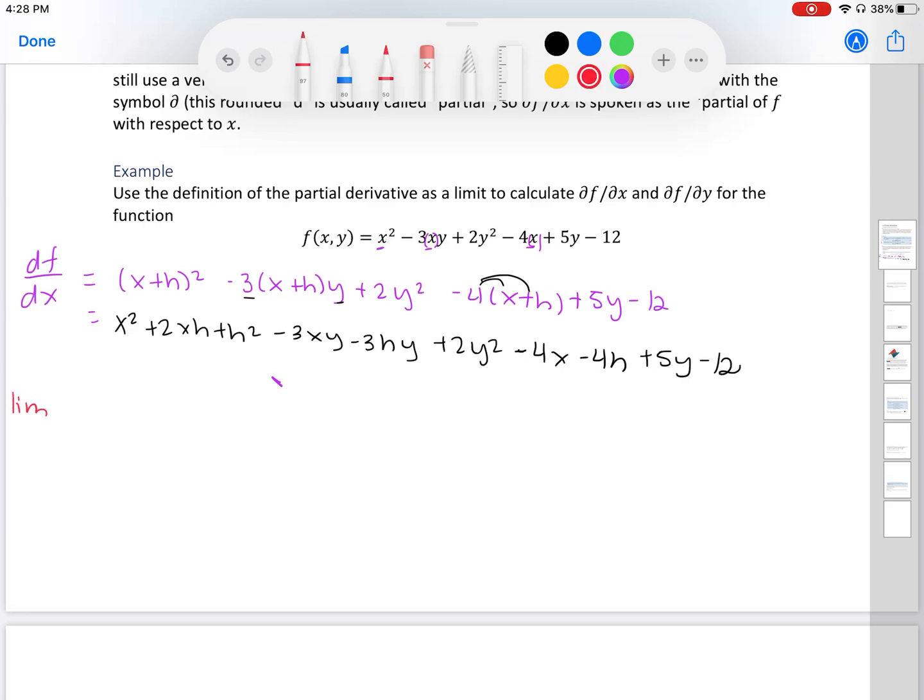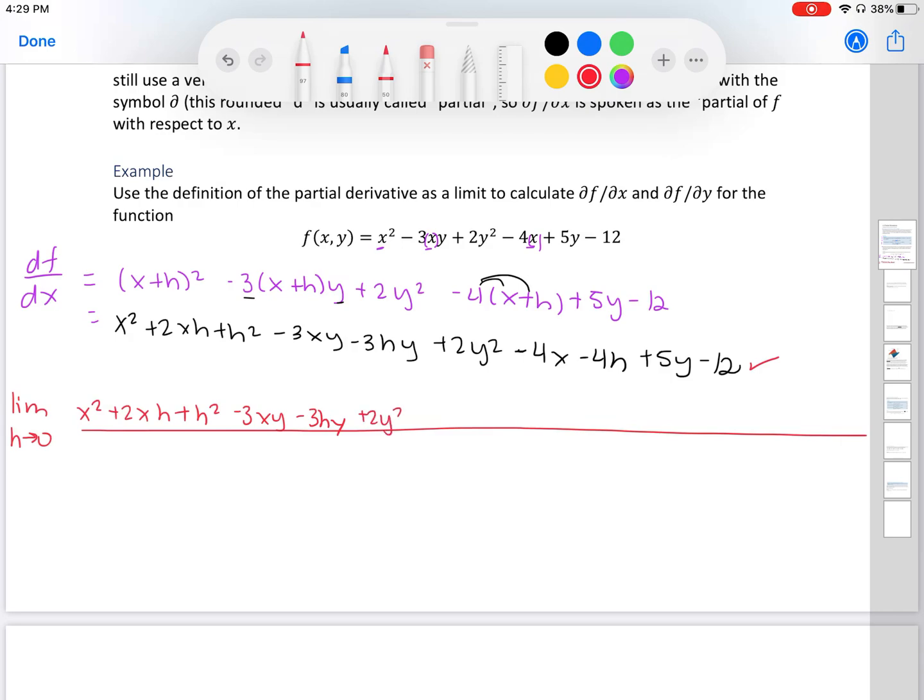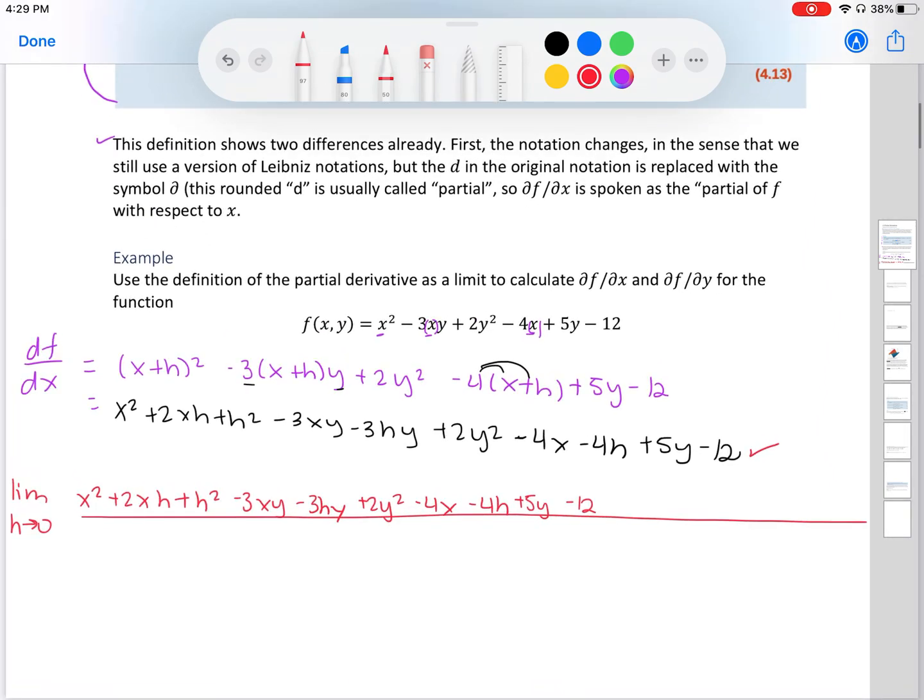The limit as h approaches 0 of, it'll be lengthy, we first have our first part, the x plus h part. So we have x squared plus 2xh plus h squared minus 3xy minus 3hy plus 2y squared minus 4x minus 4h plus 5y minus 12. And then I'm going to subtract my original function.